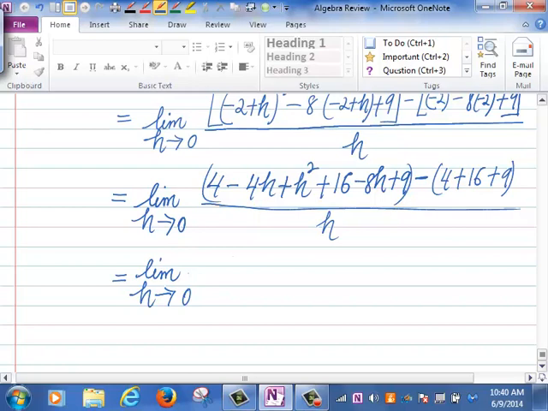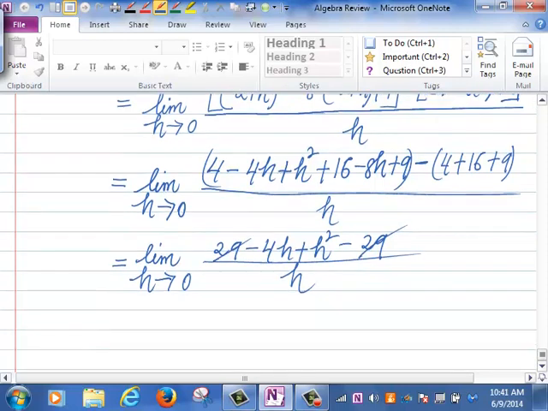Okay. Let me write one more line. What is 16 plus 9? 25 plus 4, that's 29, right? So I get 29 minus 4h plus h squared minus 29, from the second pair of parentheses. And then I have over h. 29 and 29 cancel out. Are we okay with that?